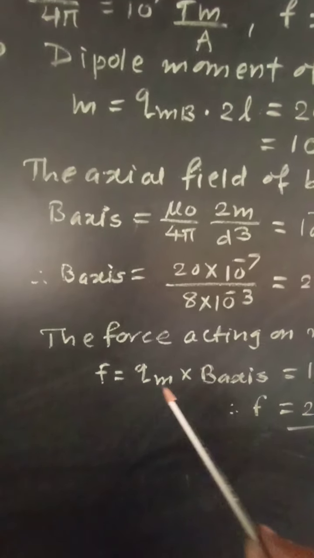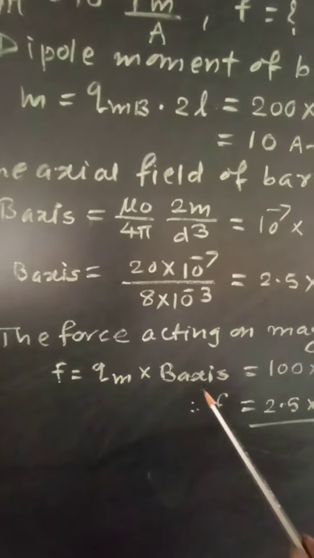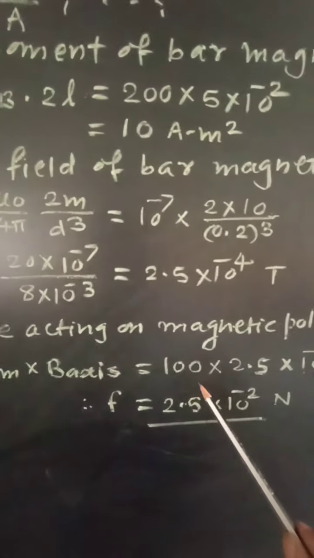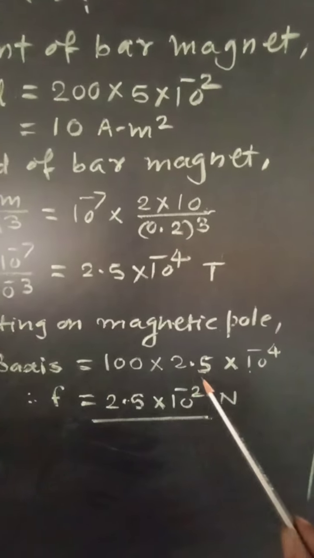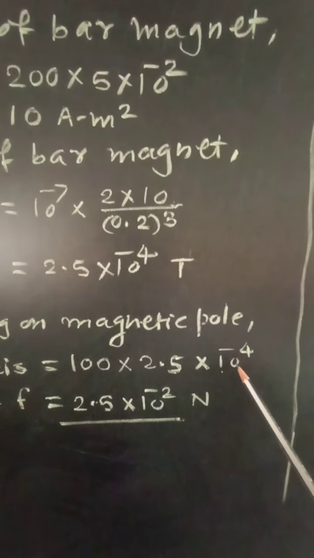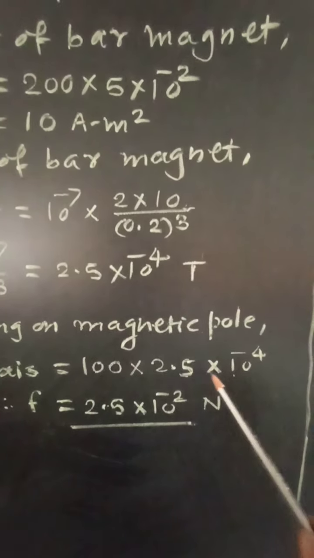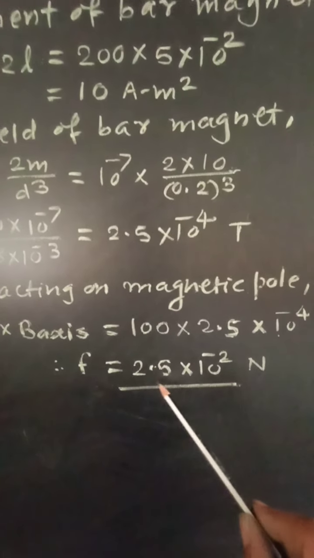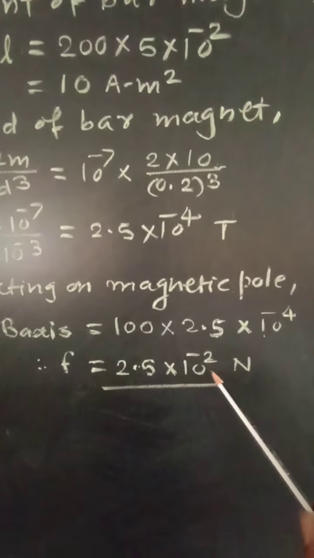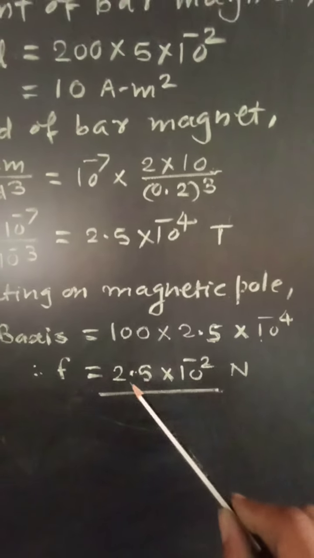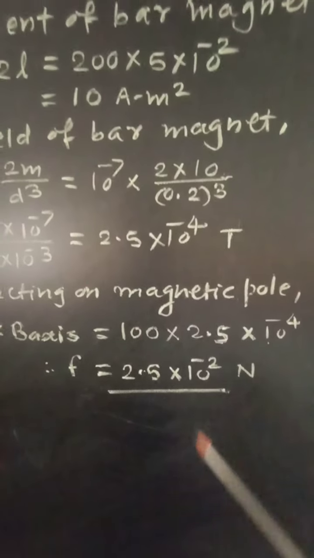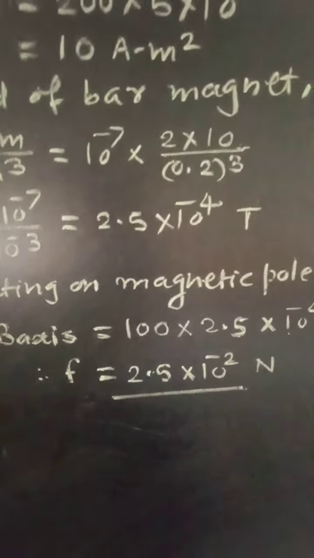Therefore F is equal to Qm into B axial, which will be equal to 100 into 2.5 into 10 raised to minus 4, which comes out to be F equal to 2.5 into 10 raised to minus 2 Newton, which is the required value.